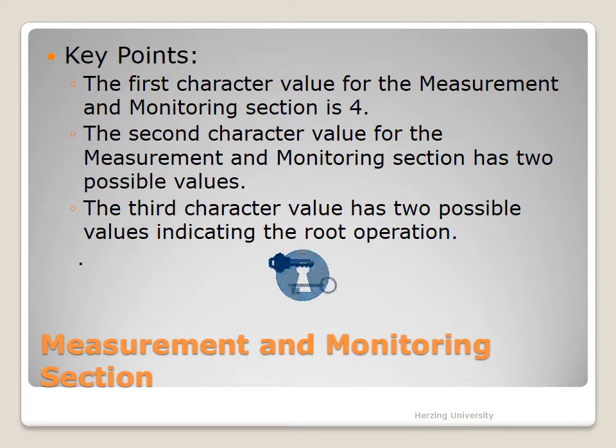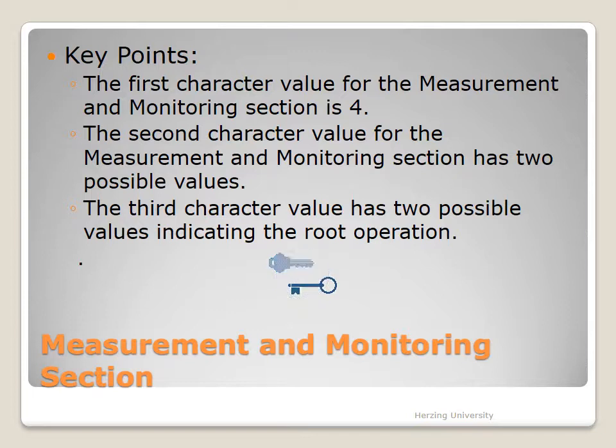So let's go over some key points that you need to remember when coding for the measurement and monitoring section. The first character value for this section is always 4. The second character value for the measurement and monitoring section has 2 possible values.